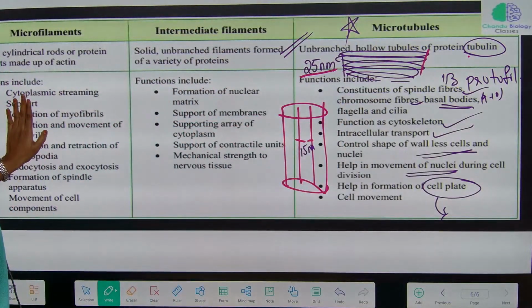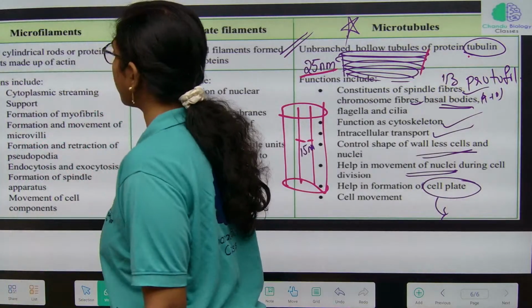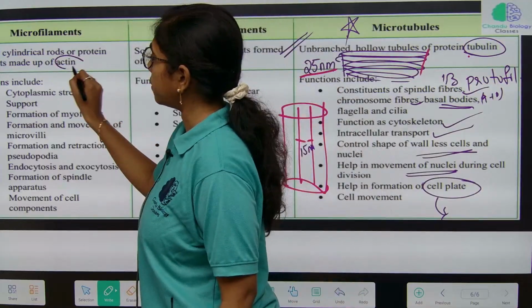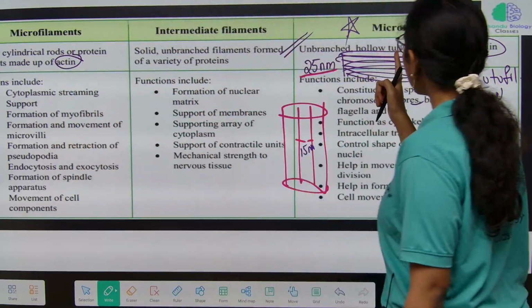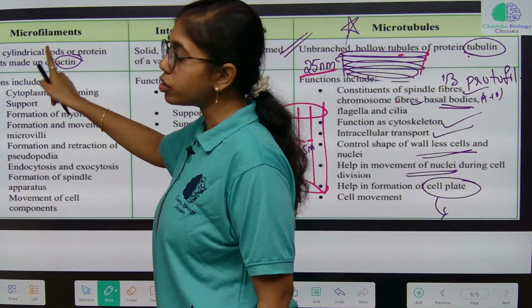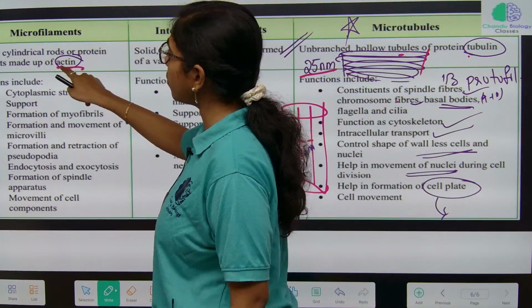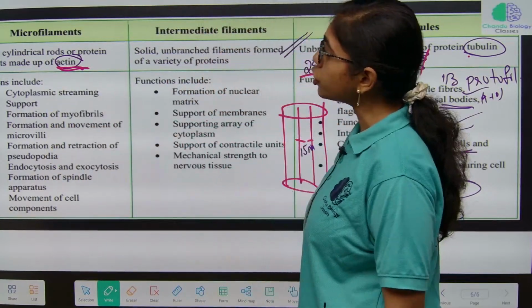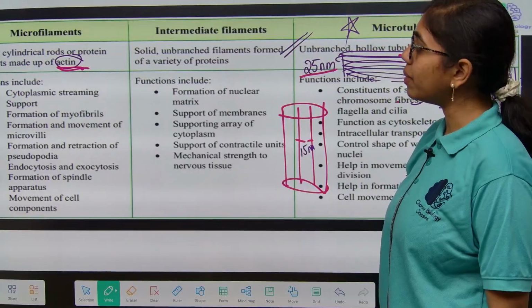Next is microfilaments. Microfilaments are narrow cylindrical rods or protein filaments made up of the protein actin. What are the functions of microfilaments?